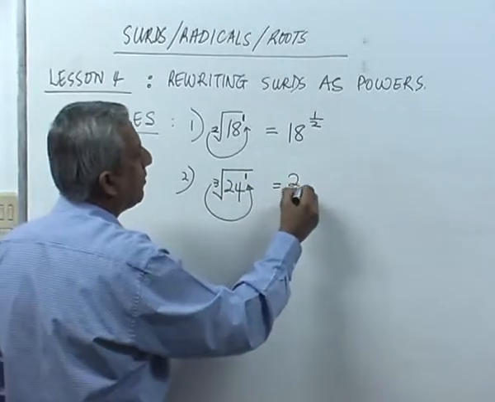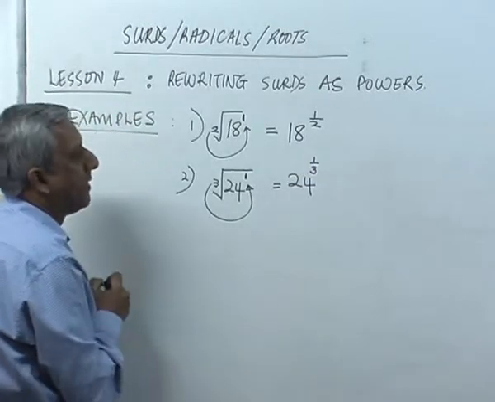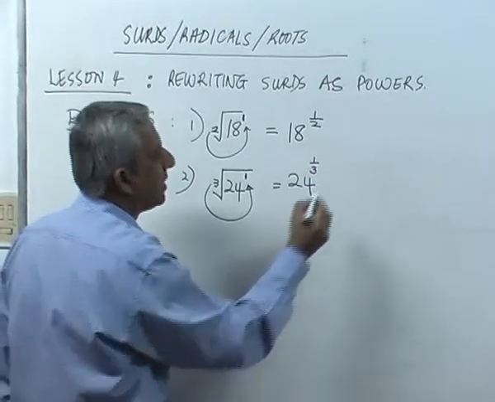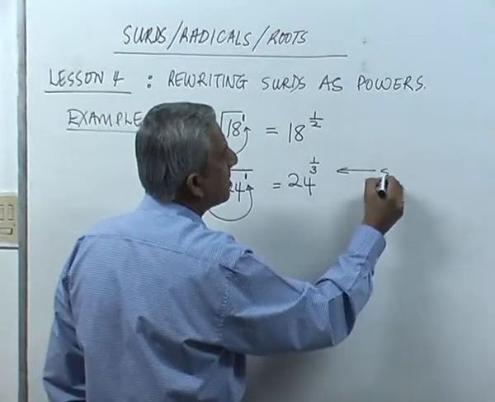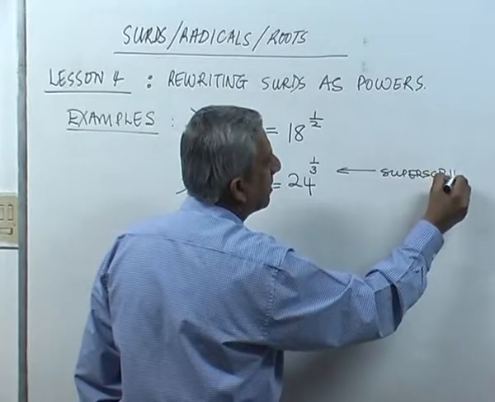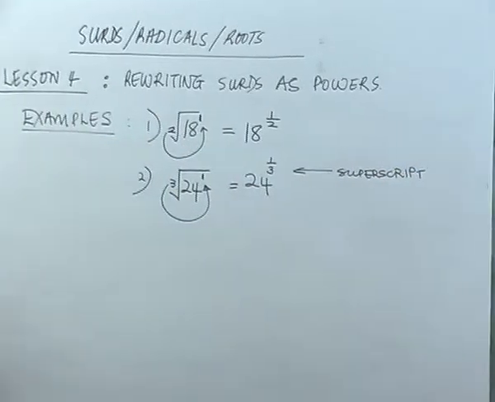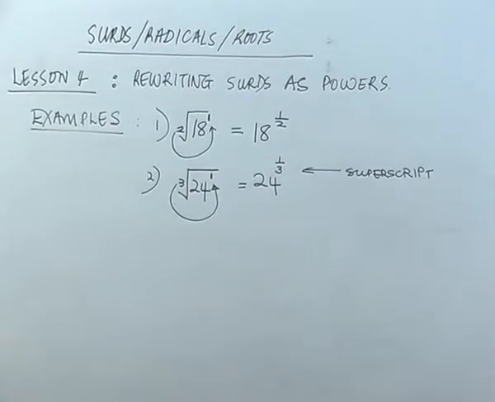So it will become 24 to the 1/3. So if you're using computers, remember 1/3 is a superscript. So that's how you rewrite surds into powers.